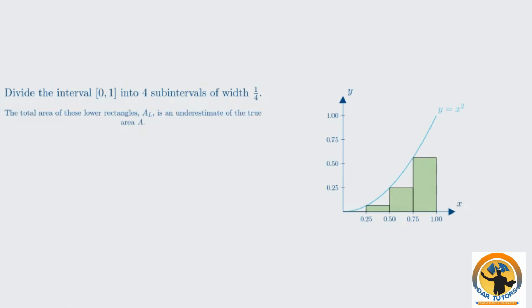The total area of these lower rectangles, which we'll call A sub L, will be an underestimate of the true area A. The area A sub L is the sum of the areas of the 4 rectangles. The width of each is 1/4. The heights are f of 0, f of 1/4, f of 1/2, and f of 3/4.